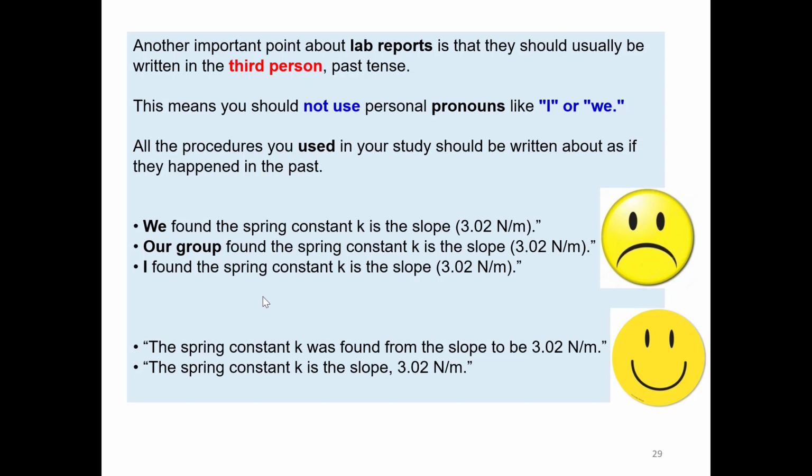And how can we fix that? For example, you can write like this: The spring constant K was found from the slope to be 3.02 Newtons per meter. This is one way you can write the same thing. The other way, which is simpler: the spring constant K is the slope, 3.02 Newtons per meter.